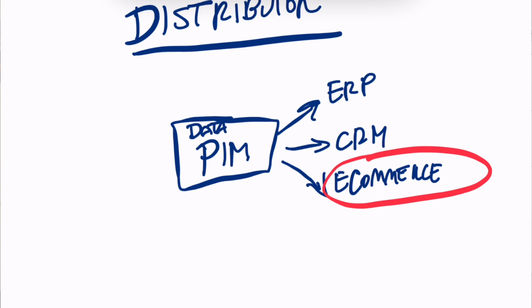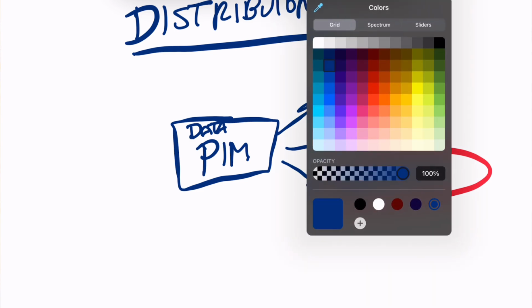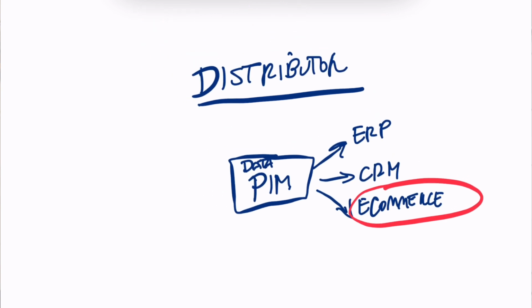Now, why does that matter? Well, it matters because of how you get data in. A distributor doesn't own product data, right? The manufacturer is the one that produces the product. A distributor typically has maybe hundreds of thousands of products, maybe millions of products. They can't build this data on their own.